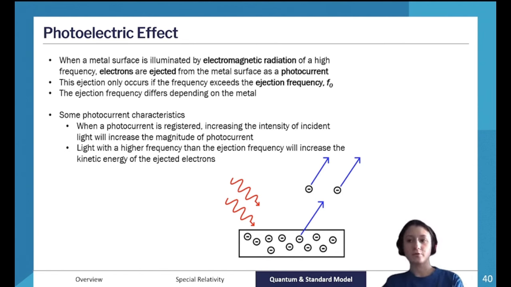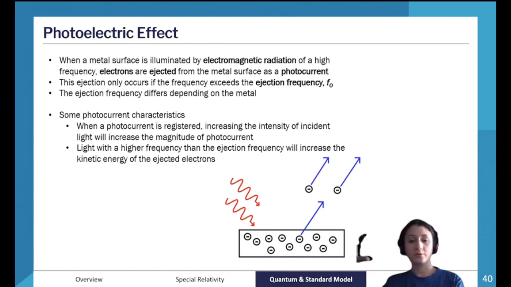So some metals you need a lower frequency, some metals you need a higher frequency to get any electrons out, right? So if your frequency is too low, you can be shining the light on the surface of the metal and no electrons will come out. Even if you have a really, really bright light, no electrons will come out.